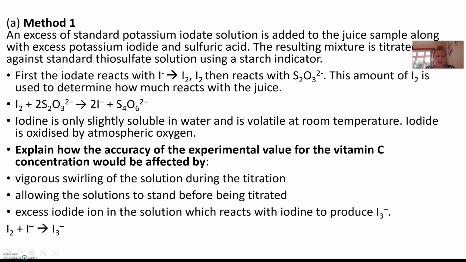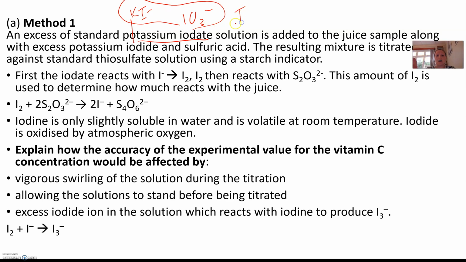So it says here, an excess of standard potassium iodate, IO3 minus, is added to the fruit juice sample along with potassium iodide, which is KI. So we just saw in the reaction before, I minus and IO3 minus react to form I2, which then reacts with the fruit juice, so reacts with the vitamin C. The amount of iodine that's produced from this reaction would be in excess.